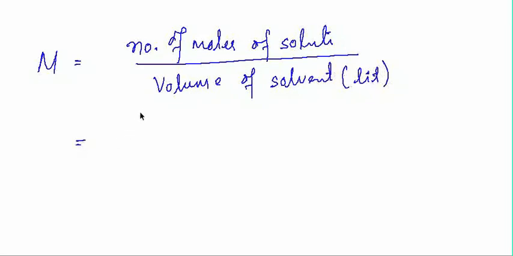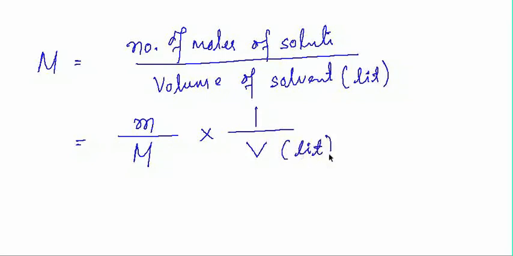Now let's take small m as the mass of the solute and capital M as the molar mass or molecular mass of the solute. Then we are going to take 1 divided by capital V, that is volume of the solvent in liters.